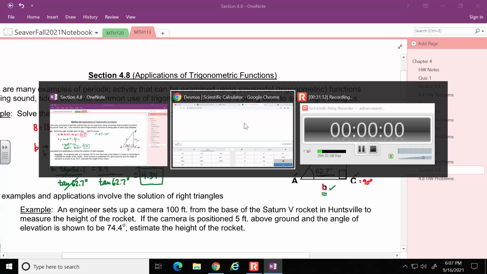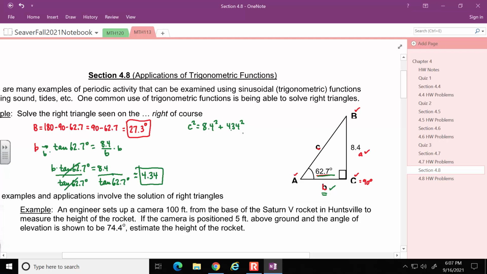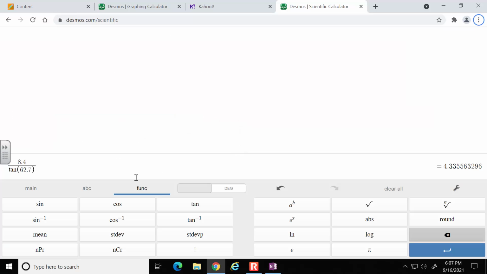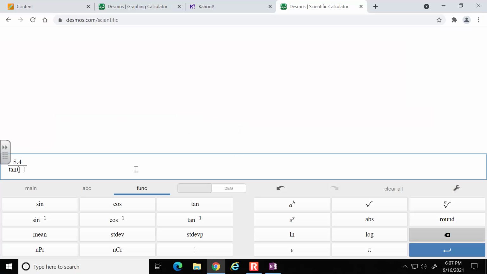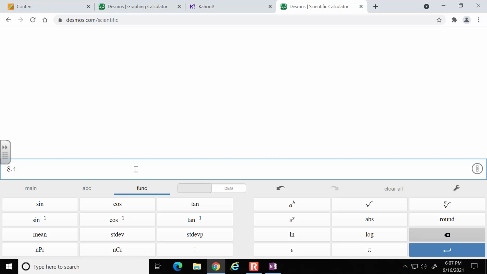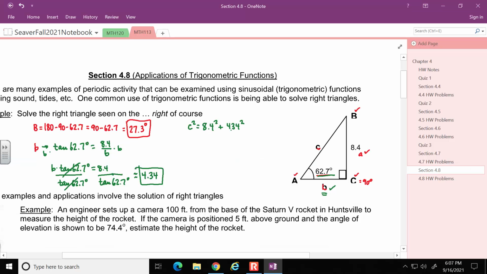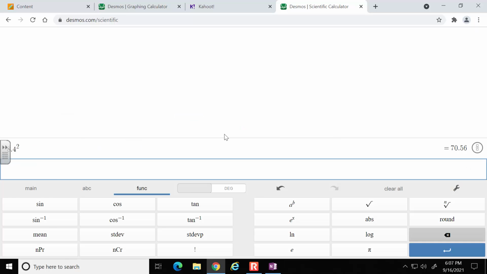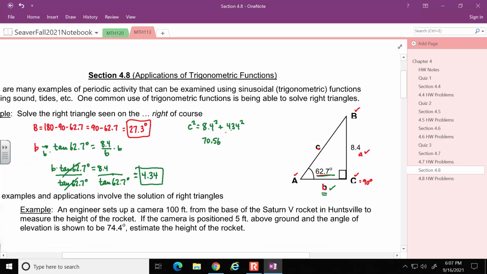Okay, so let's do that. 8.4 squared is 70.56. I'll just write that in here, why not? Plus 4.34 squared. 4.34 squared is about 18.84.